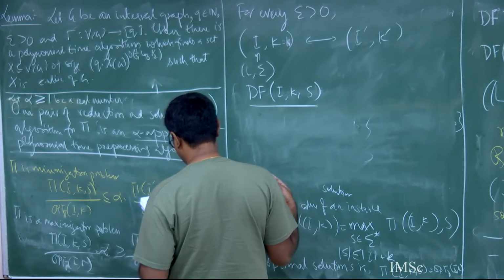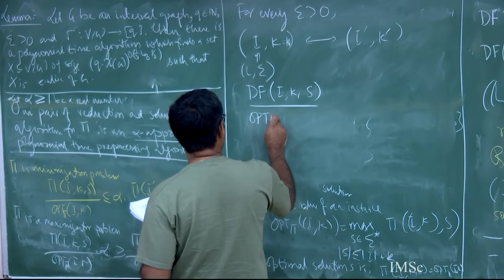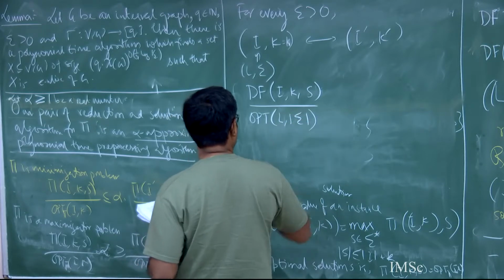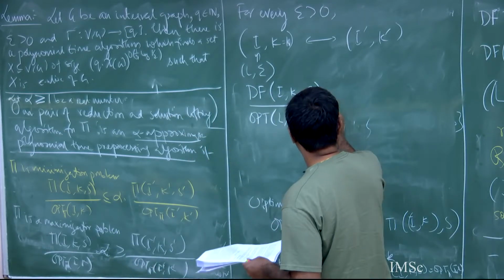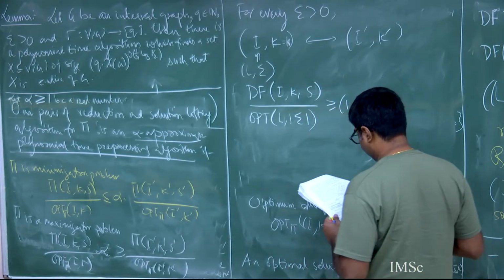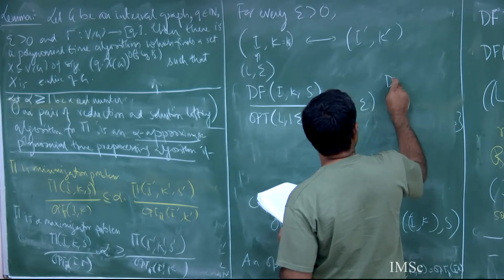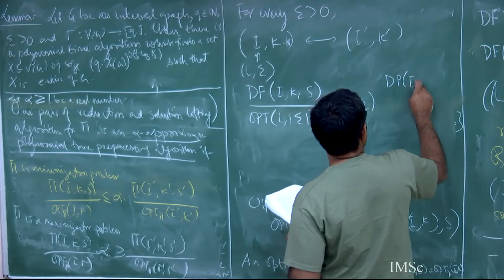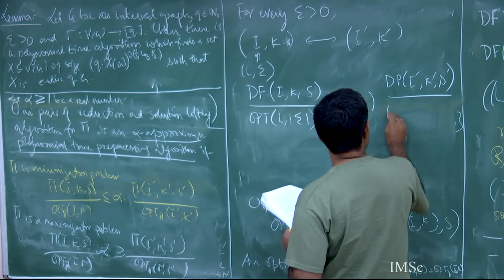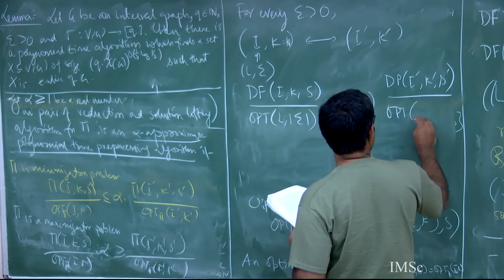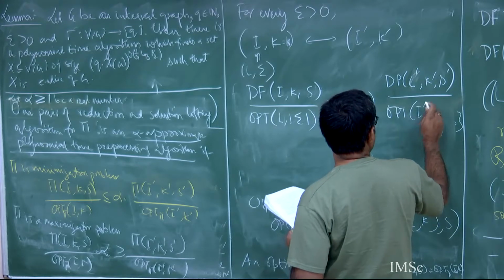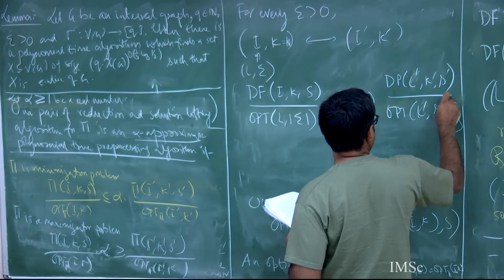Yes, that's a value, times opt of L sigma is at least 1 minus epsilon times opt of L prime, S prime.